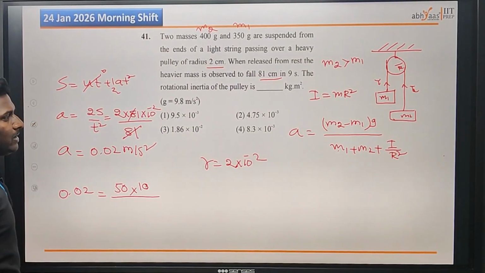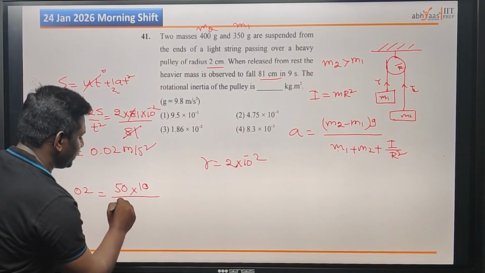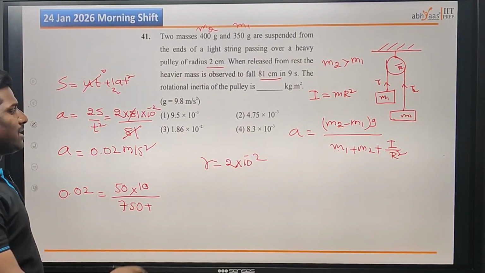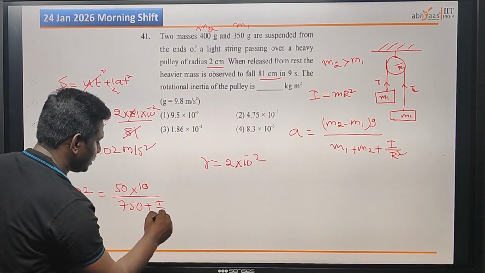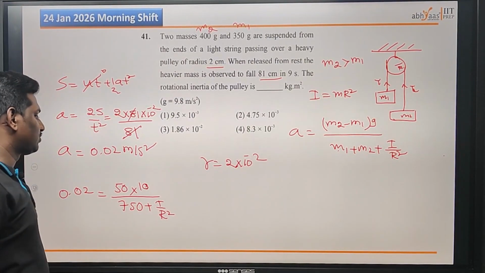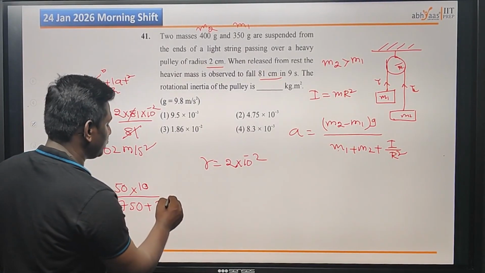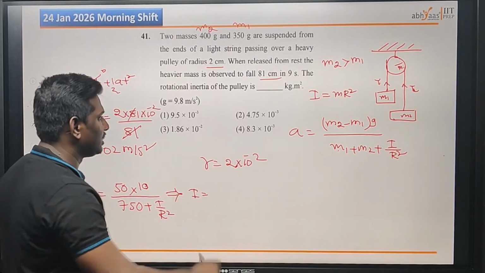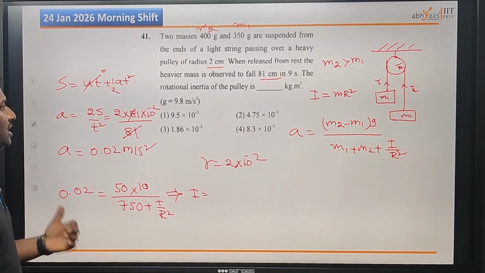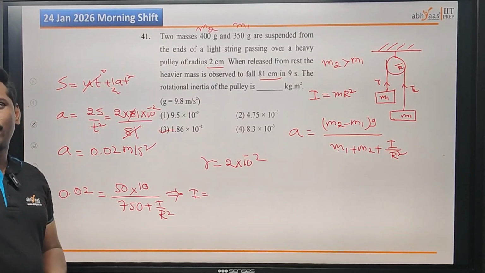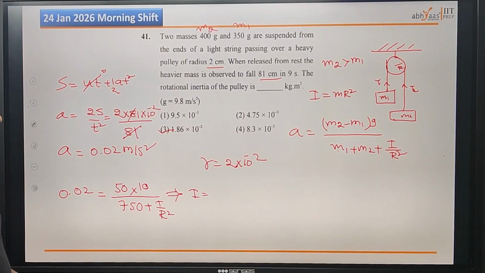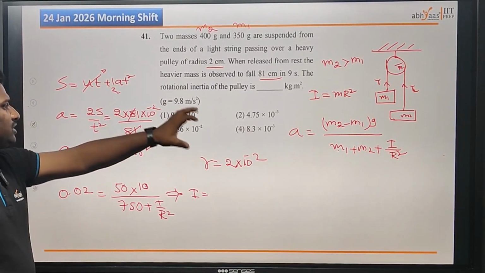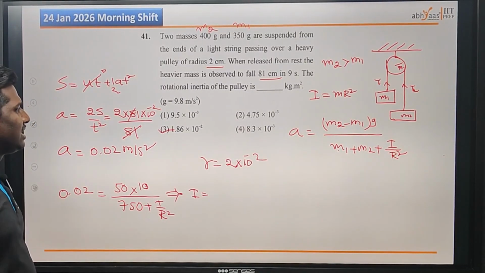After this one, m1 plus m2, that is 750 plus I by r square. So we know this one, r square. Substitute this in equation. If you simplify this equation, you will get I as 1.86 into 10 to the power minus 2. This is our actual method to solve this one. So just substitute the values and you will get the answer.